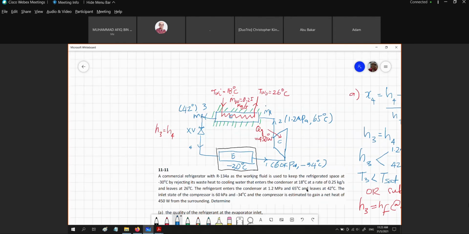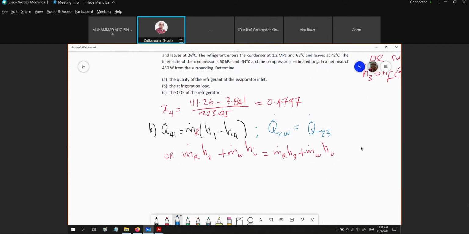And when we rearrange this equation by putting Q dot CW to the left, what we have right here is M dot cooling water times H I minus H naught, which is equal to M dot R times H2 minus H3.